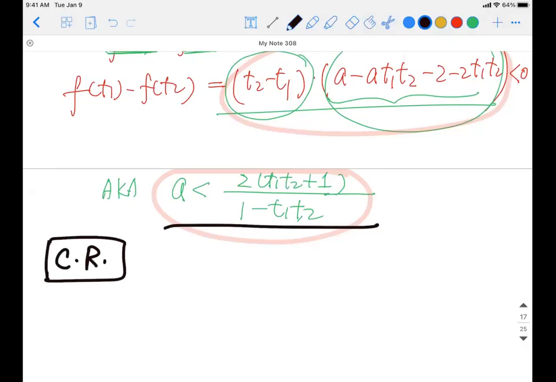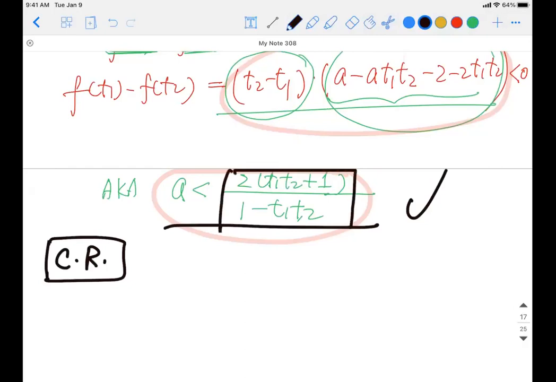Okay, first things first, are we on the same page? We want to determine the range of a such that this guy is always valid, right? So that means what? I need to find the range for a such that a is always smaller than this guy.